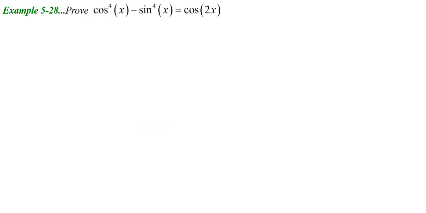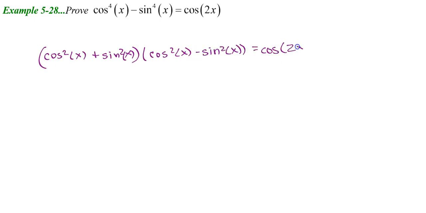Similarly, here we've got another proof again. So here I've got cosine to the 4th x minus sine to the 4th x. So this is a perfect square. Sine to the 4th and cosine to the 4th are perfect squares, and it's a subtraction in between them. So I'm going to use difference of 2 perfect squares, and I'm going to write this as cosine squared x plus sine squared x, and cosine squared x minus sine squared x equals the cosine of 2x.